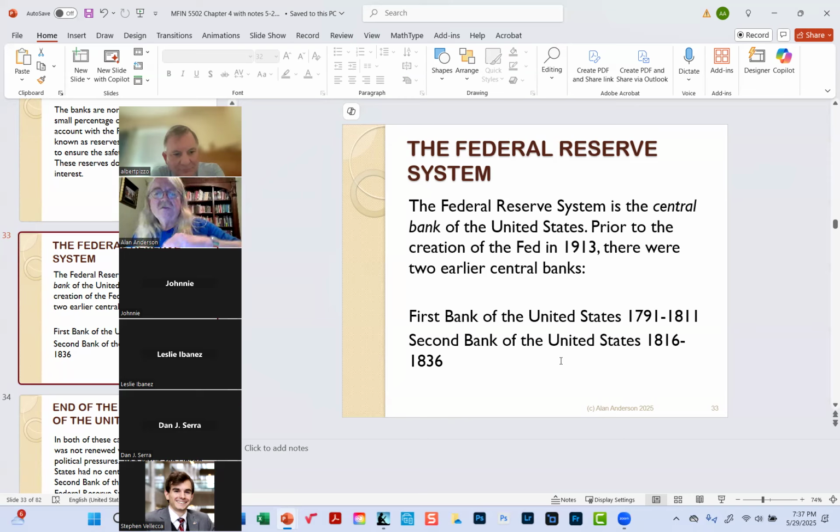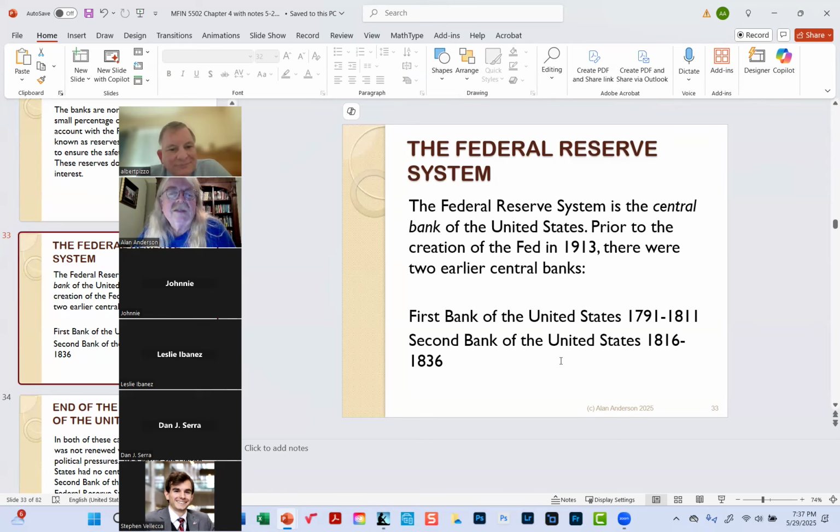We did have two earlier attempts at central banks, a much more basic version of the Fed, the first and second banks of the United States. There was a lot of political opposition to them. And like I said, in the case of the second bank, it was Andrew Jackson who made sure it was not renewed in 1836. He just did not trust banks or people from the North.